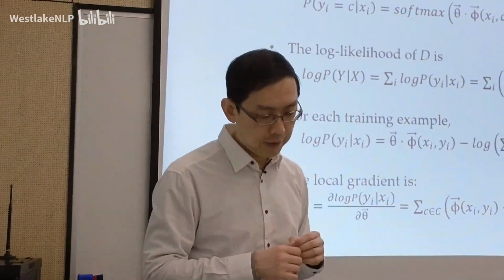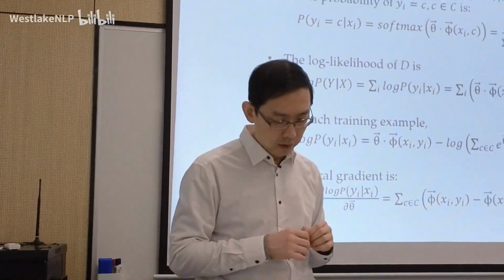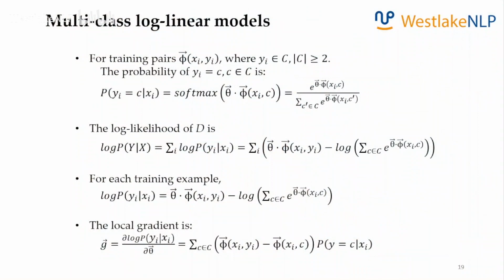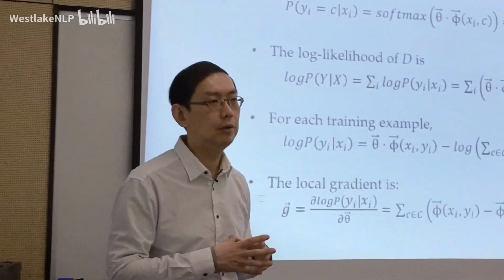So you have phi x y, and its log likelihood is the sum of every instance theta dot phi x y minus the log of the sum over all possible class labels c belonging to capital C of e to the power of theta phi x c. Okay, it's very similar to what we have here. The whole derivation process is very similar to what we have here.